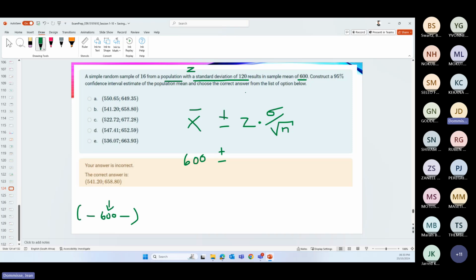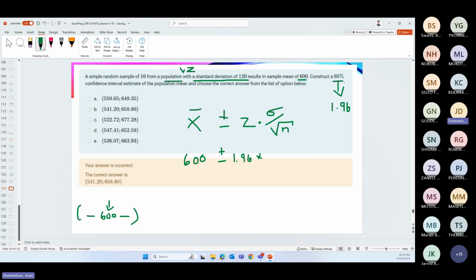Okay, then standard deviation is known. They tell us we're working with a 95% confidence interval. 95% is 1.96. So again, we don't even need to go to the Z table.